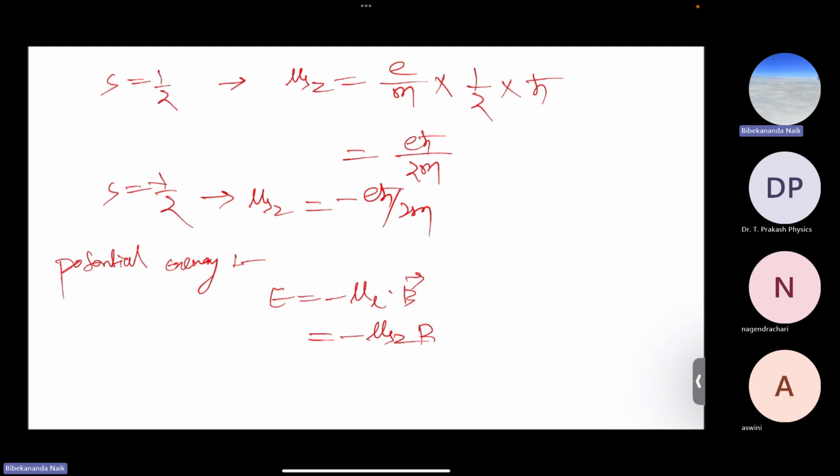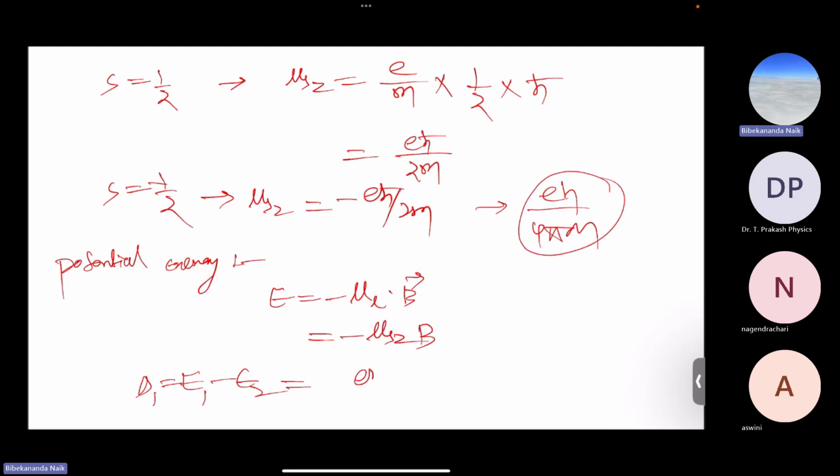Now there are two values of mu s z, so delta E will be E1 minus E2. Here e h cross by 2m is nothing but e h by 4 pi m.